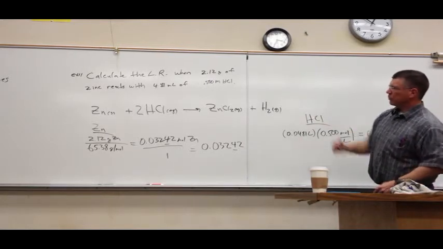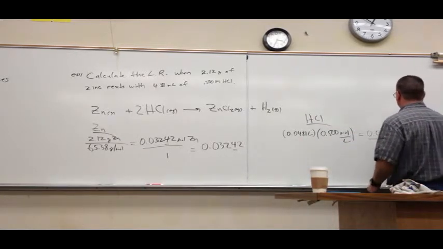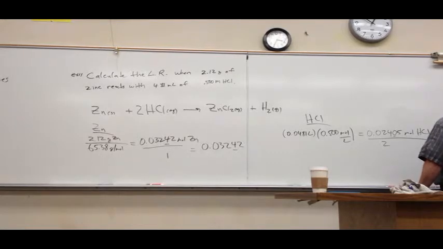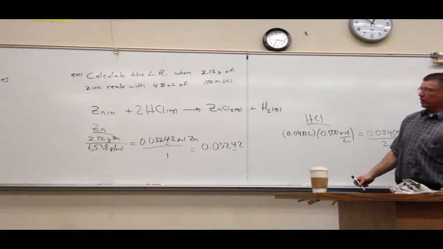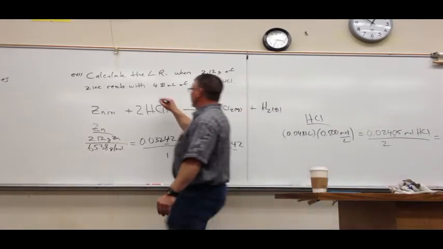The coefficient for hydrochloric acid is 2, so divide this by 2, which gives some number smaller than this, and so we know the limiting reactant is hydrochloric acid.